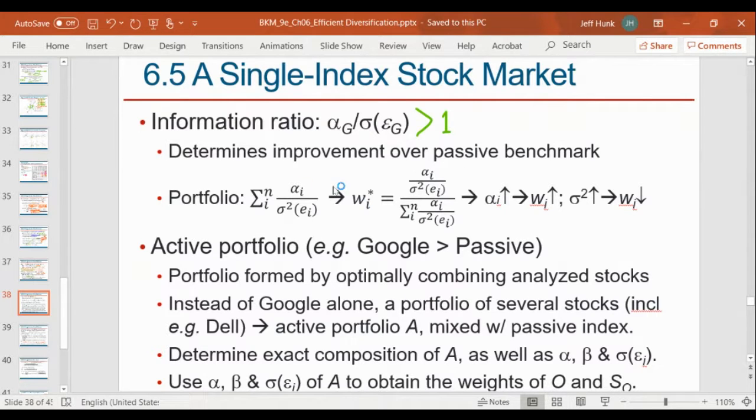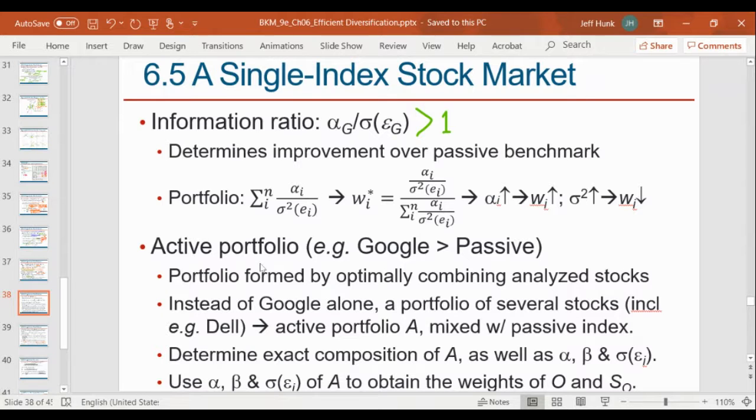So the total portfolio weight is, think about it, the sum, in other words the weighted sum or weighted average, of all the information ratios.